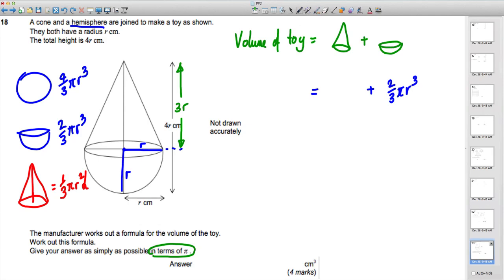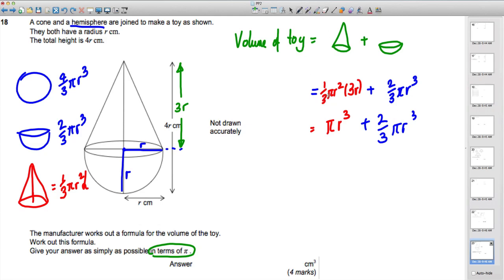So therefore, subbing this in, it would be 1/3 pi r squared times h, where h is 3r. Okay, so let's then keep going with this. 1/3 pi r squared times 3r. Well, 1/3 times the 3 is 1, and therefore you get pi r squared times r, which is pi r cubed. Okay, pi r cubed plus 2/3 pi r cubed.